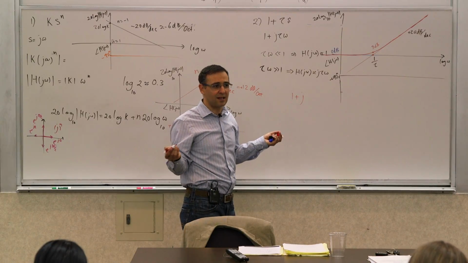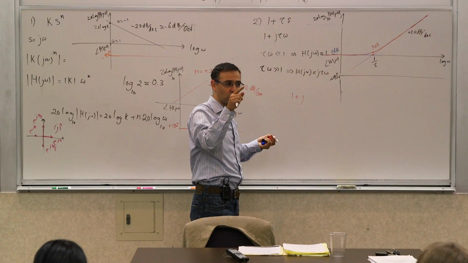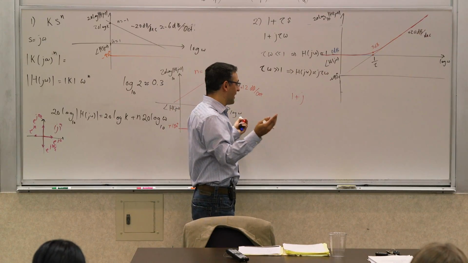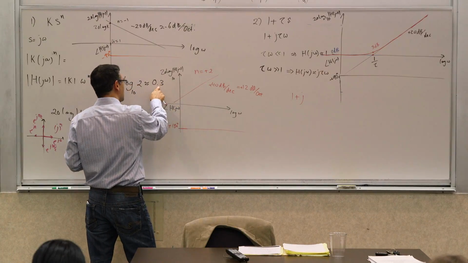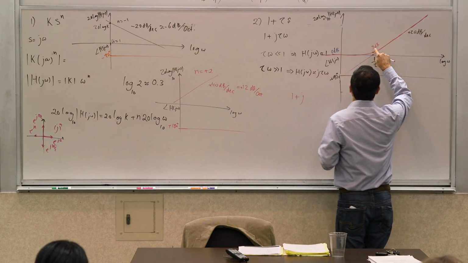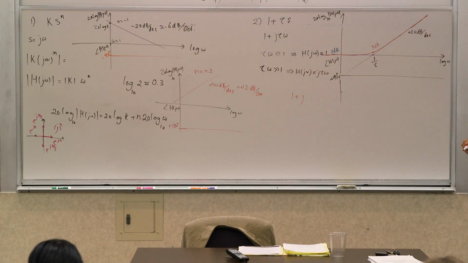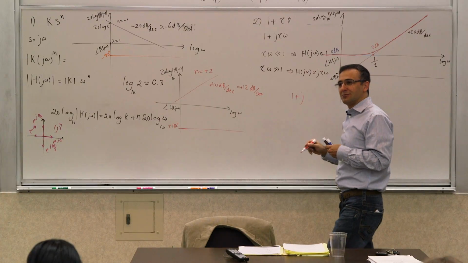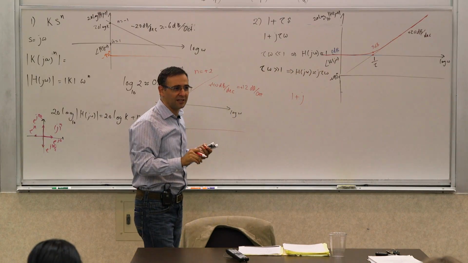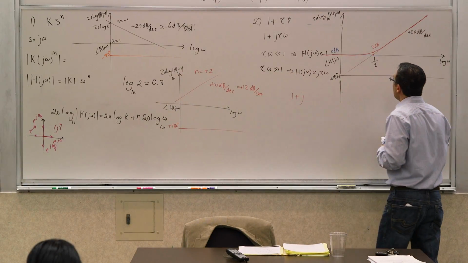It's 10 log base 10 of 2, right? Because square root of 2 gives you 1/2. And 10 log base 10 of 2 is 3. So this is exact. Well, when I say exact, I mean exactly is really 3.010299 dB, which for all intents and purposes is 3. So that's what it is.